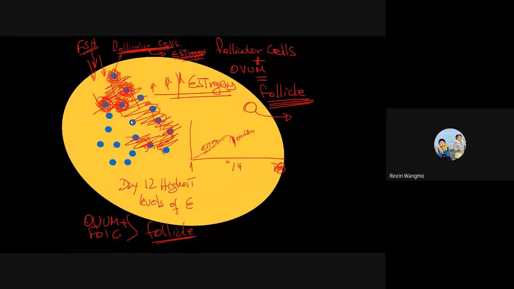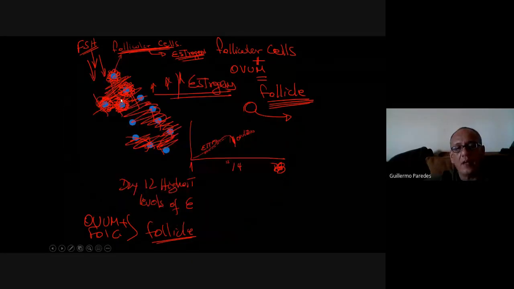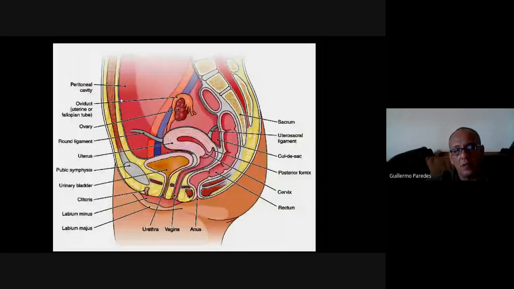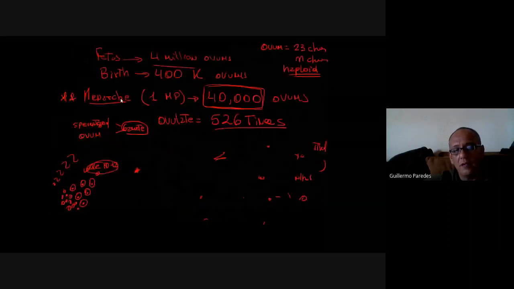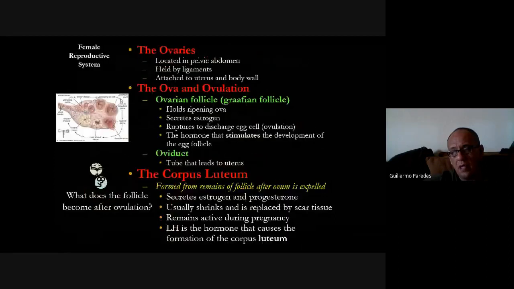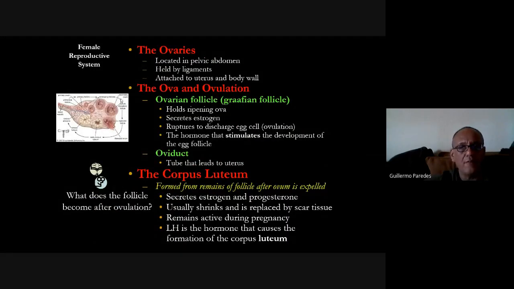All right, so what is the concept about what I just mentioned? The concept is that the estrogens are going to be stimulated by the secretion of FSH. Remember? FSH, the target organ will be the ovary. What is the function of the FSH? It is going to be the production of estrogens through the follicles.